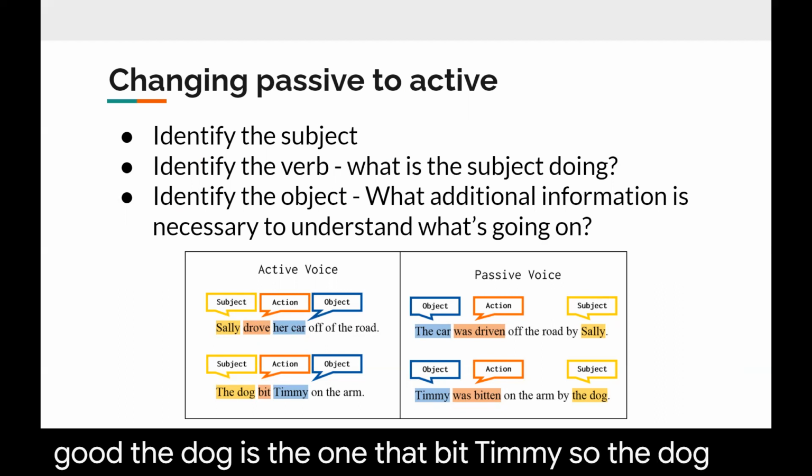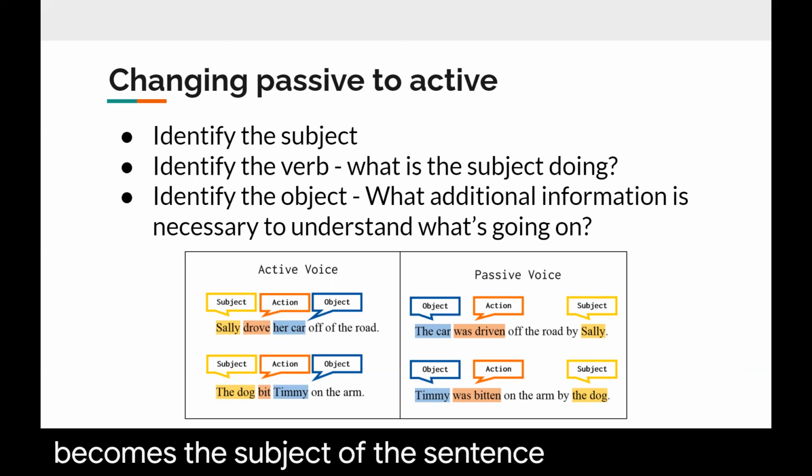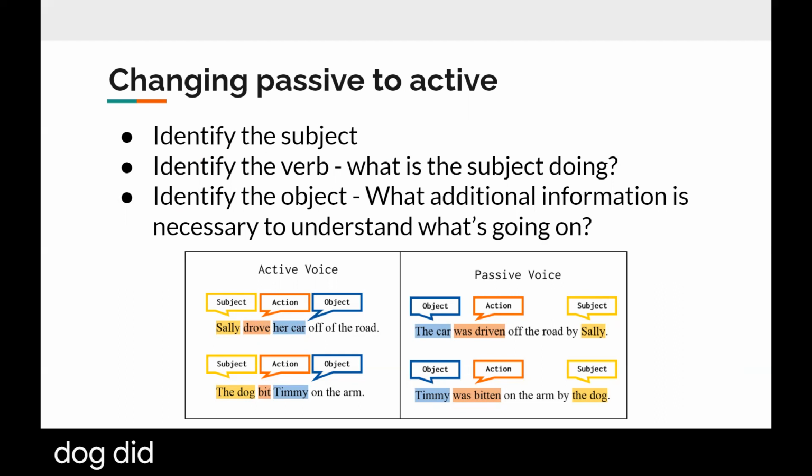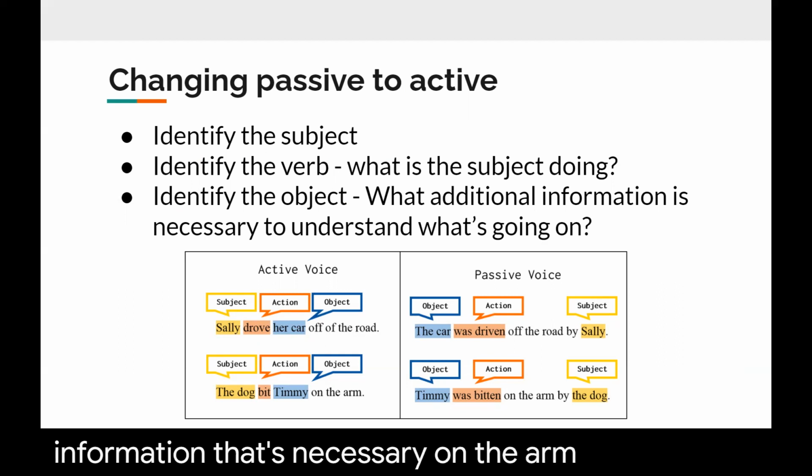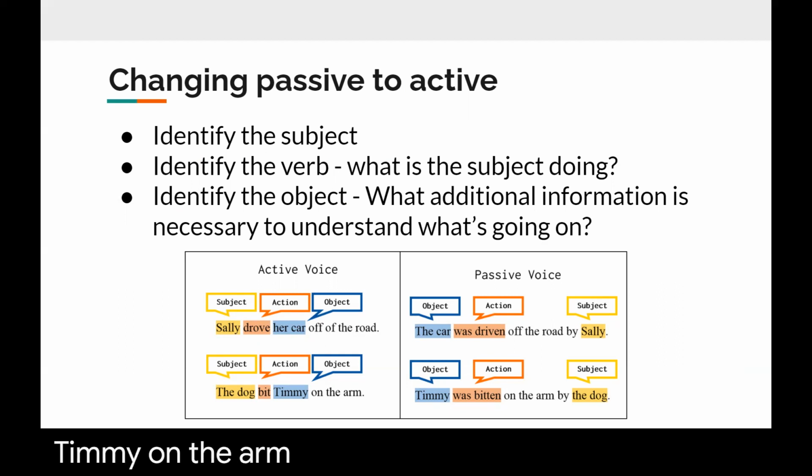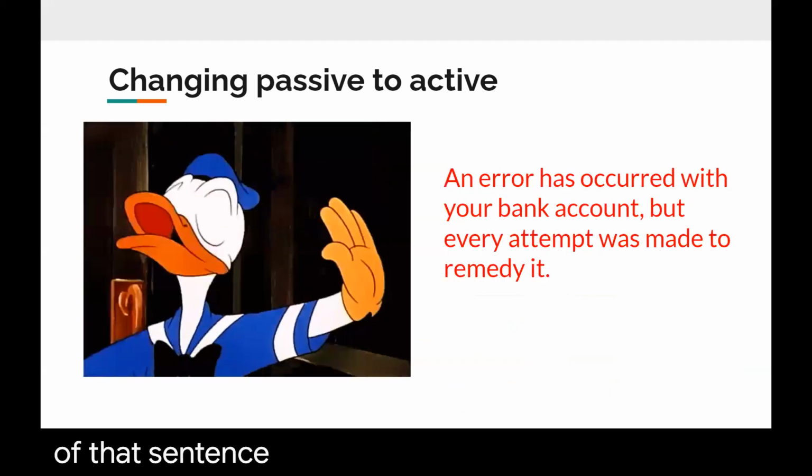So the dog becomes the subject of the sentence. The action the dog did was bit. Timmy is the object of biting. He's the one that was bitten. And then we add the additional information that's necessary, on the arm. The dog bit Timmy on the arm is the correct active voice version of that sentence.